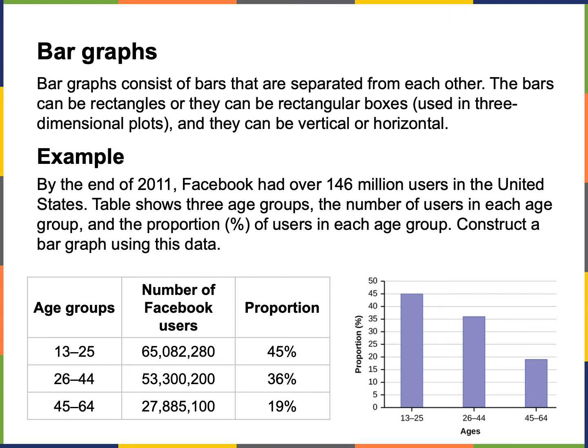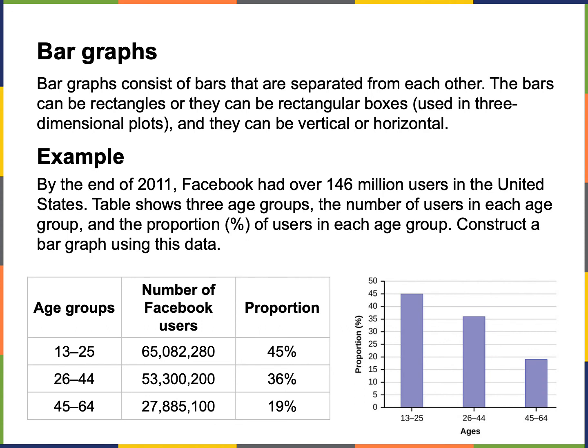Okay, so now that we've done this, we have our proportions, our age groups, and the users, so we can create a bar graph that shows us this data. If I let the x-axis, in other words the horizontal axis, consist of these 3 age groups, I can label this one 13 to 25, this one 26 to 44, and this one 45 to 64.